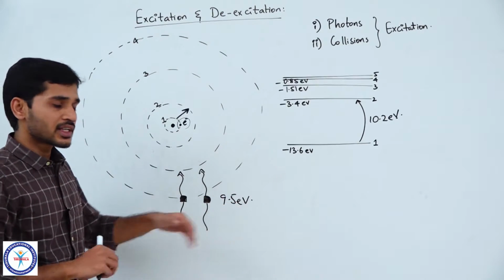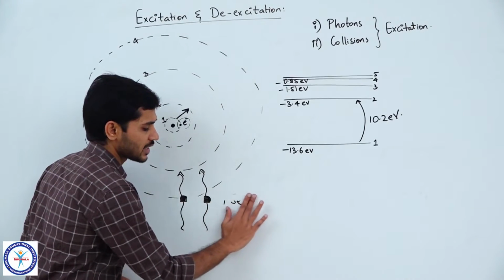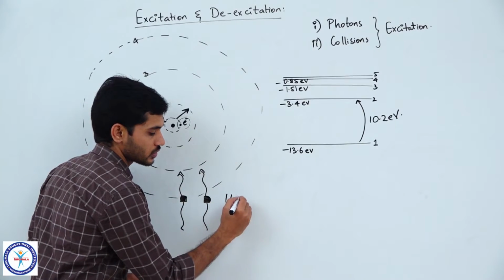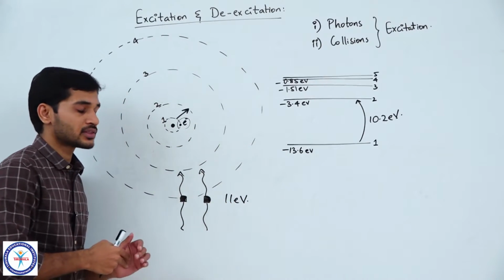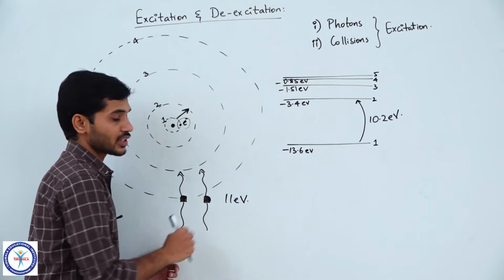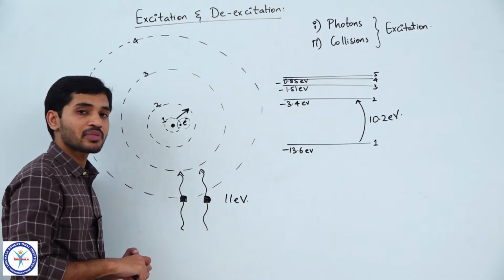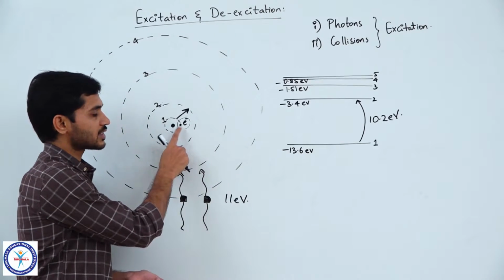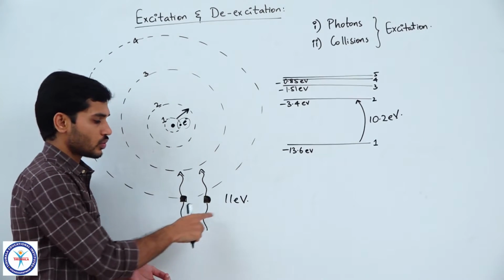Not just in this case, even if, let us say, the photon has an energy of 11 electron volts, let us consider a scenario like this. If the energy of the photon is 11 electron volts and it strikes the electron, what is going to happen?